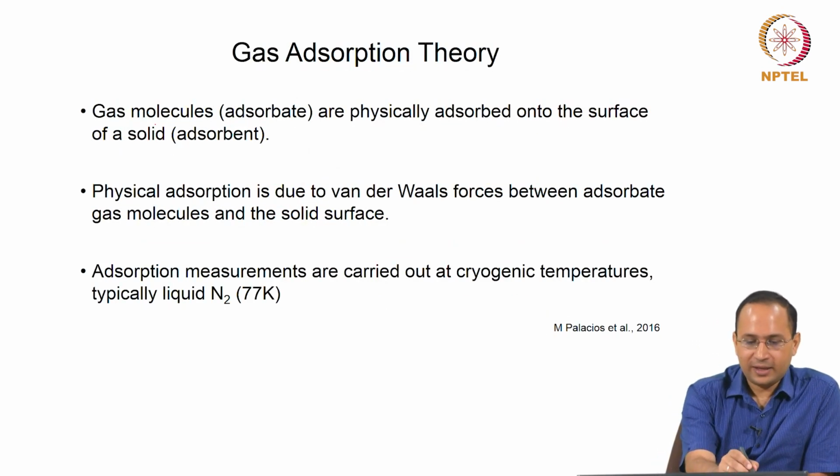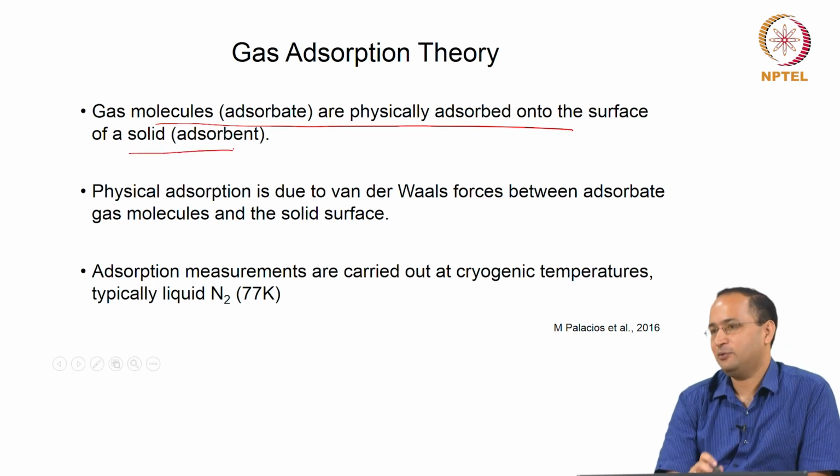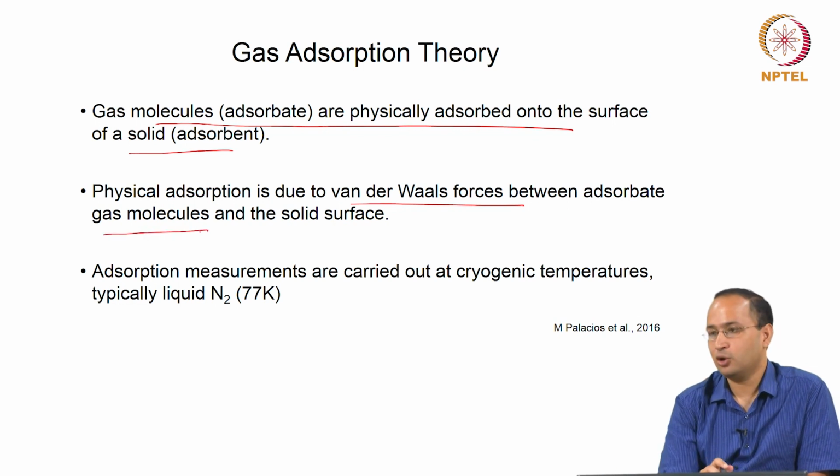So, the gas molecules are physically adsorbed onto the surface of a solid, not chemically. There are no chemical bonds. We are talking about van der Waals forces between the adsorbate gas molecule and the solid surface.